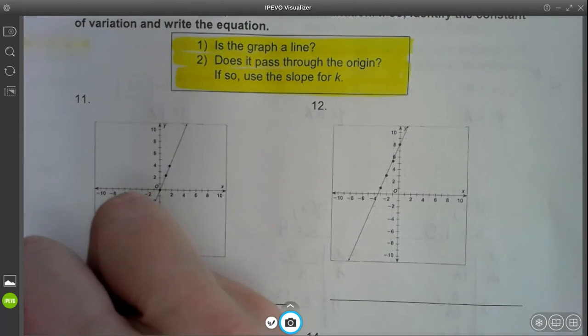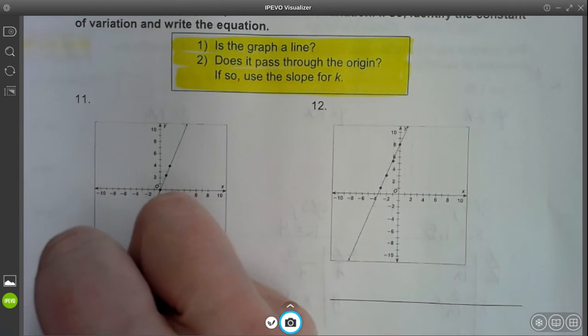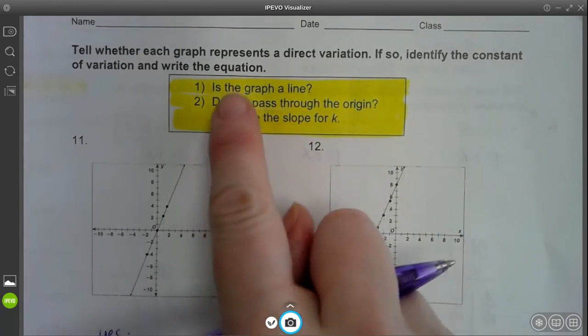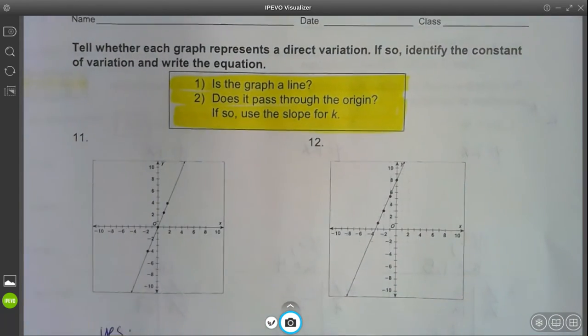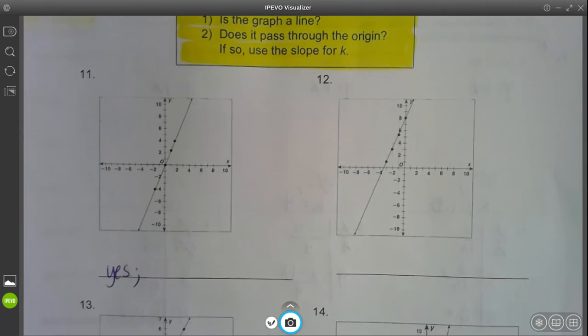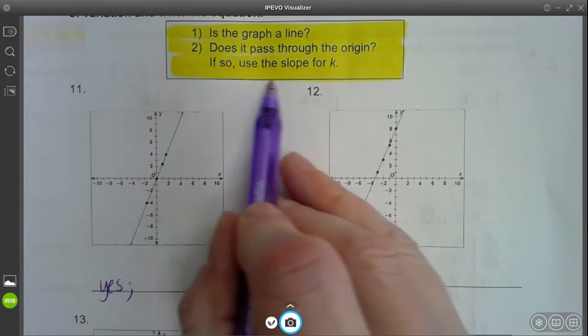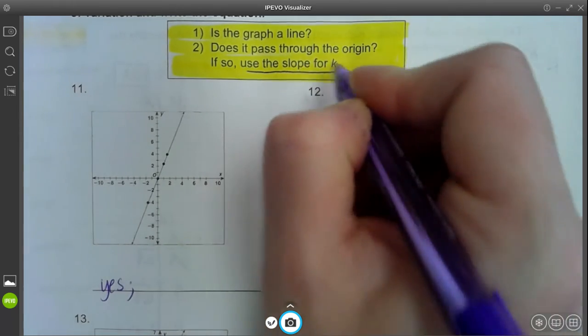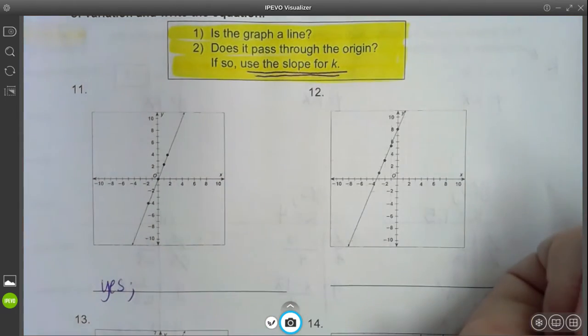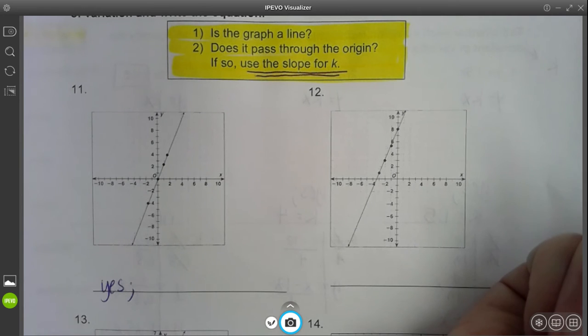So yes, this is direct variation. The second part says, if so, identify the constant of variation and write the equation. The constant of variation, this is very important, is that we use the slope for k.